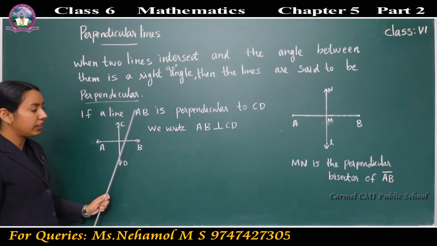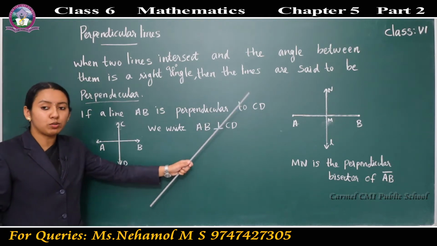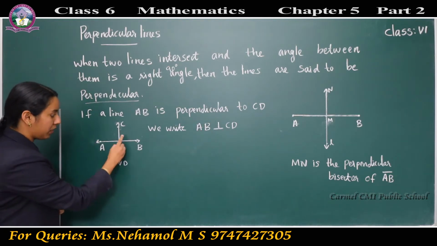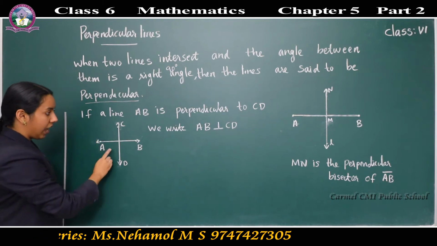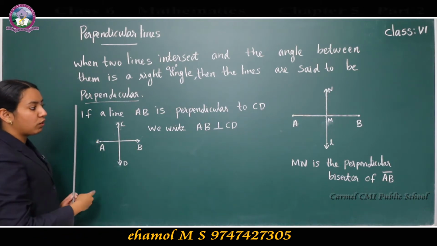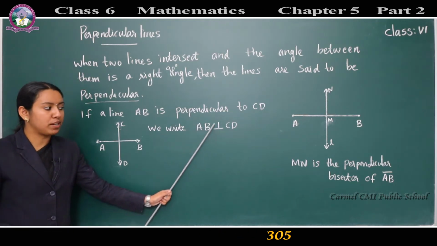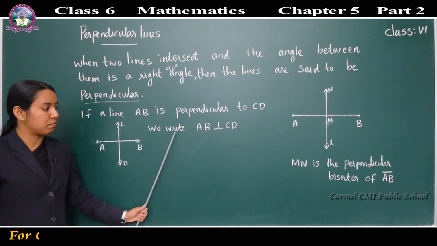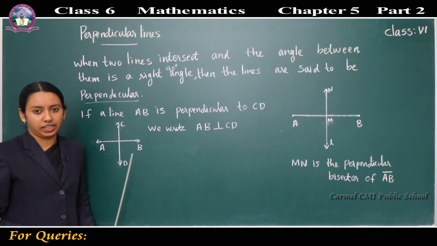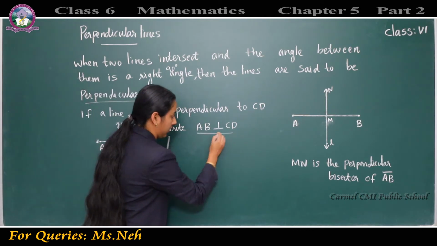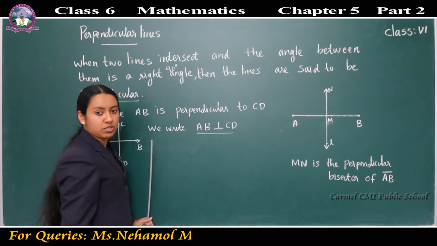If a line AB is perpendicular to CD, we write AB perpendicular to CD. This is the notation.